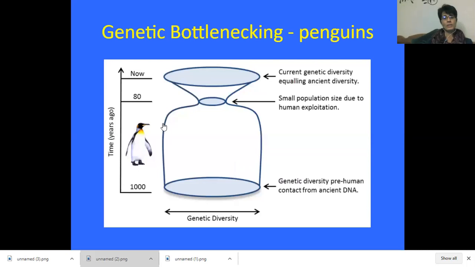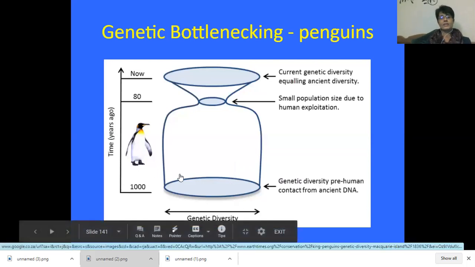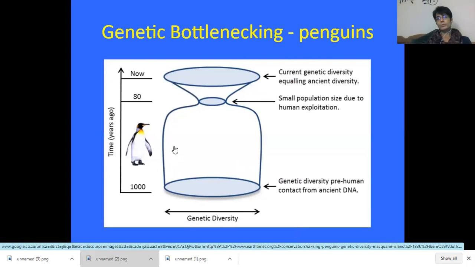Okay, so the penguin story, I know I've said this already. There was lots of variation, and then over time, because of human exploitation of land and fishing, catching all the fish that is normally food for penguins, the numbers reduced rapidly, and then because of breeding programs, etc., the numbers are now increasing again, and that's conservation methods and so on.